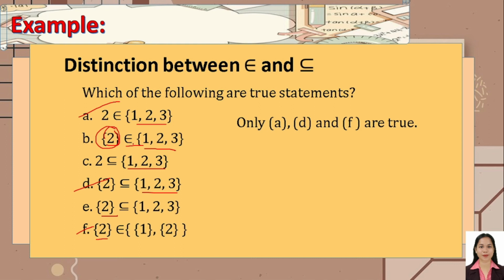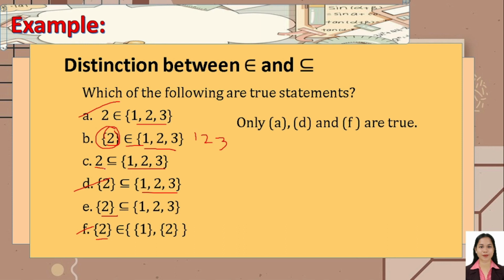So it cannot be called an element. The only elements of 1, 2, 3 are just 1, 2, 3, the numbers 1, 2, 3, so there should be no brackets. That is what is wrong here. For letter C, for it to be true, the number 2 would have to be a set. So this needs to be a set.